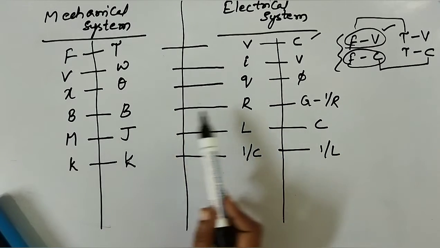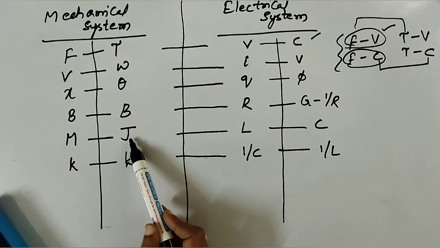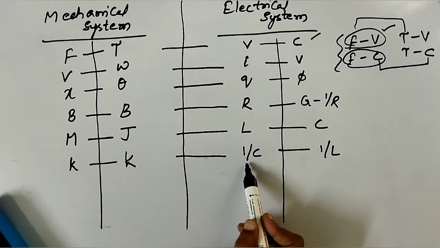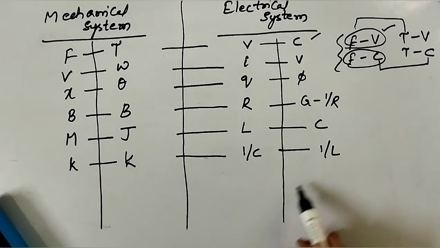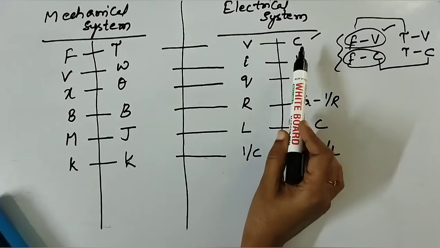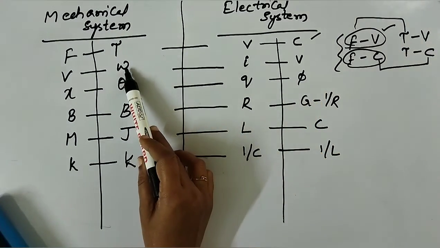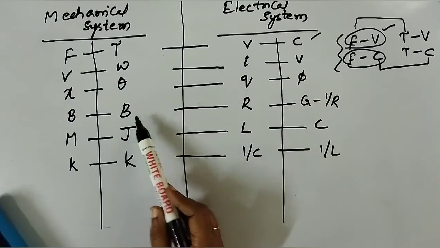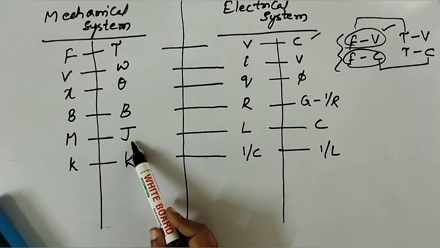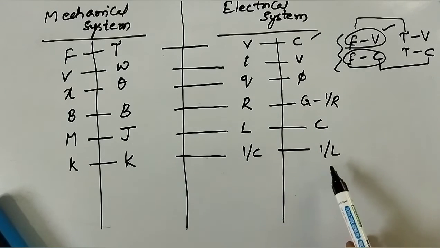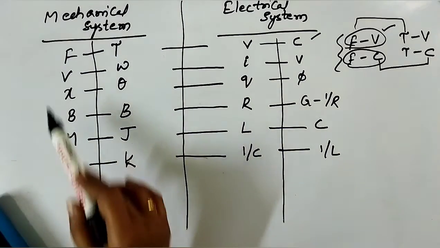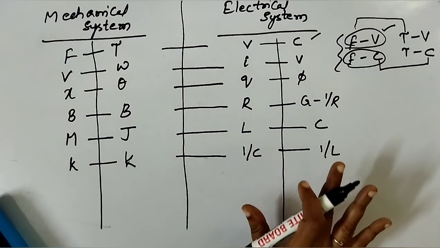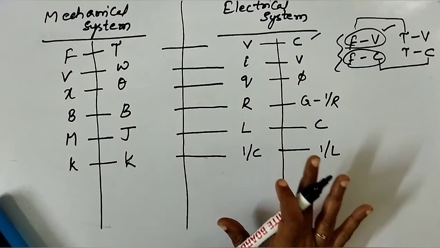B is equal to R, resistance, the moment of inertia J is equal to inductance, and K is equal to 1 by C. If you're talking about the torque current analogy, torque represents the current as the input, angular velocity corresponds to voltage V, theta to flux, B to 1 by R, the moment of inertia J to C, and K to 1 by L. If you can memorize this table, it would be easy for you to do the problems regarding these analogous systems.